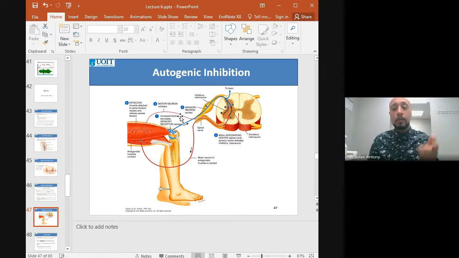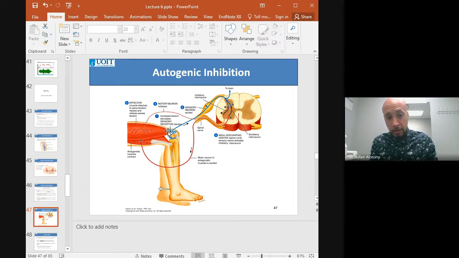Now, anyone that works in a rehab center, have you ever heard of PNF stretching? So that's how this works. PNF stretching works by increasing tension in the muscle. If you increase tension in the muscle so much, the Golgi tendon organs are going to register that it's excessive force. It will reflexively turn off that muscle.